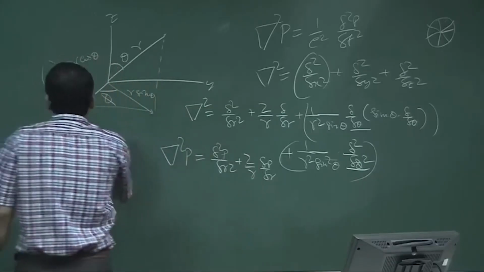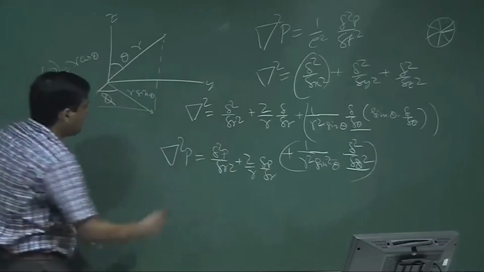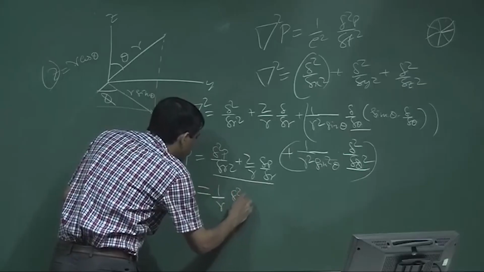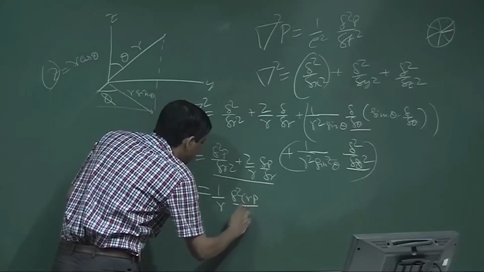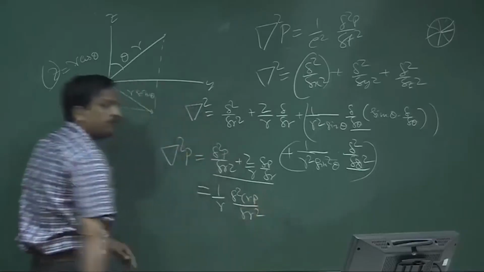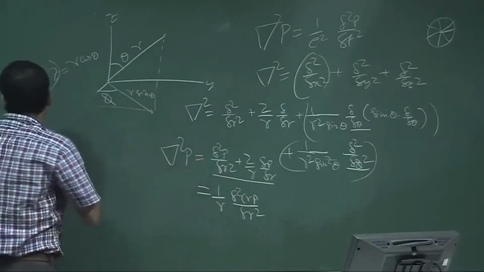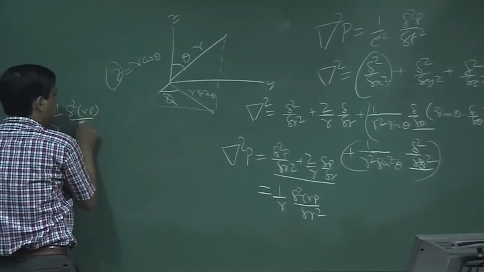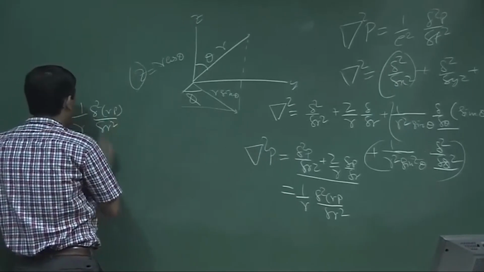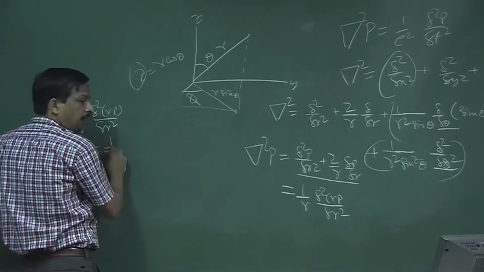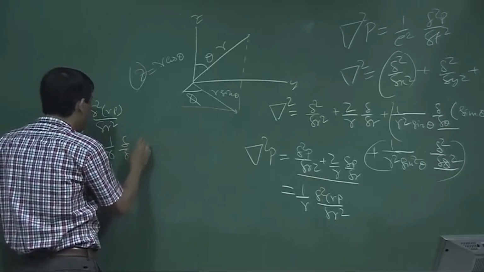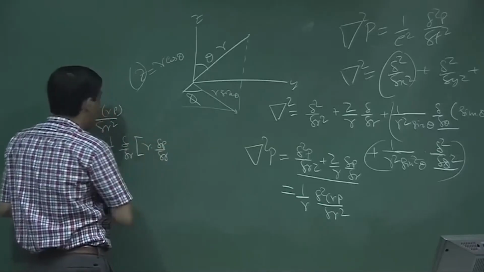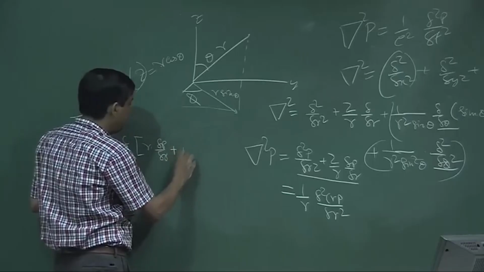Now, this term can be written as 1 by r del square of r p divided by del r square. I can prove it. Let us write 1 by r del square r p by del r square. It is 1 by r del by del r of r del p by del r plus p.